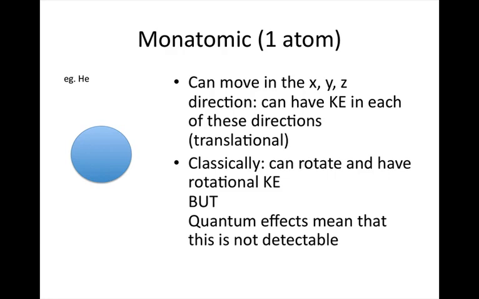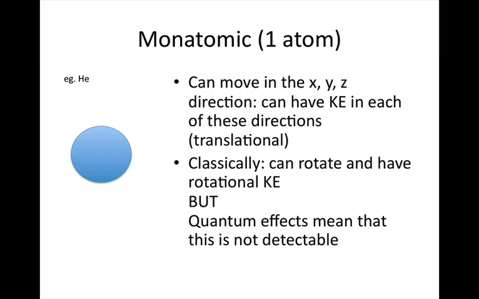Now, a helium atom can also rotate. Classically, we'd say that it would be able to have rotational kinetic energy. However, you can't tell one point on the surface of a helium atom apart from another. So if you're looking at it, you can't actually see it rotating. Quantum mechanically, it turns out that it doesn't actually have any way of storing energy rotationally.